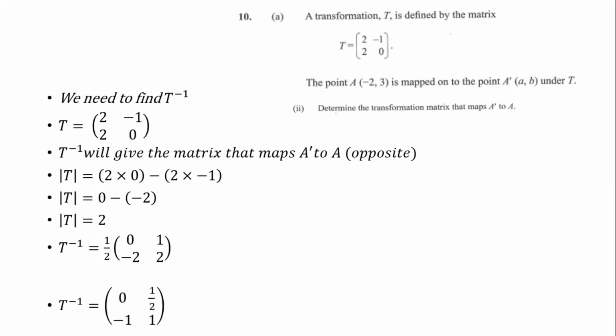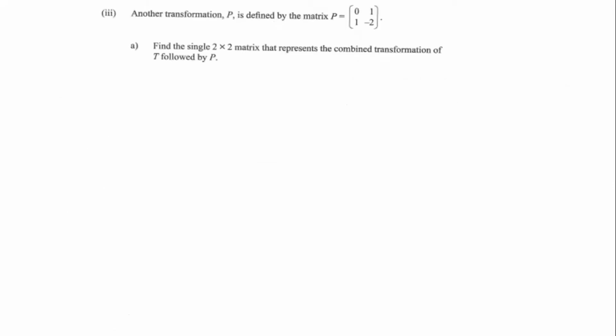Part 3 now says another transformation P is defined by the matrix P equals 0, 1, 1, negative 2. It says find the single 2 by 2 matrix that represents the combination of T followed by P. When it says T followed by P, what it means is that T is done first, followed by P, and this will be written as PT.